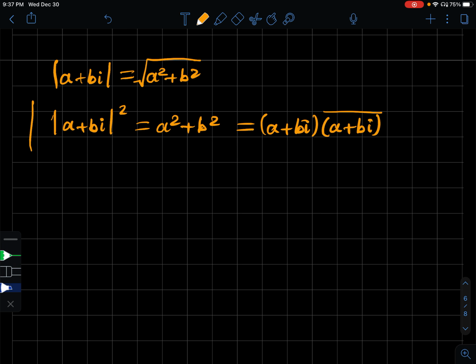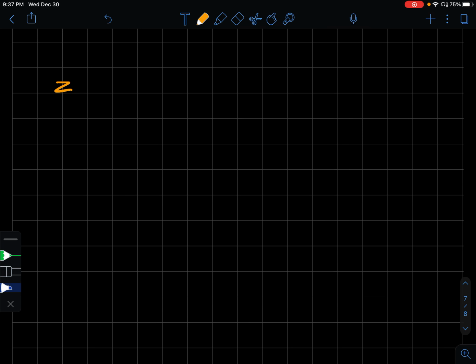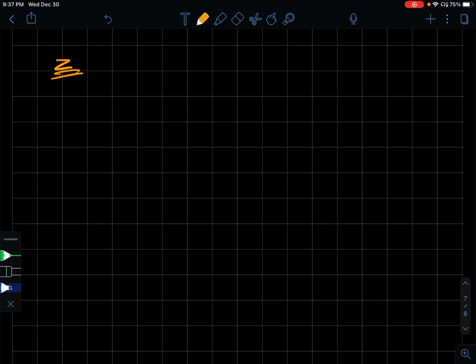In fact, oftentimes you're never going to see a plus bi. Complex numbers are always denoted by z, just like when you're solving algebraic equations, you use x. So if you take a complex number z multiplied by its conjugate, z times the conjugate of z is equal to the magnitude of z squared.